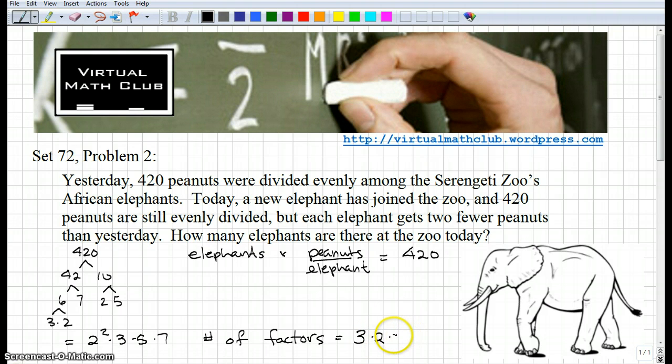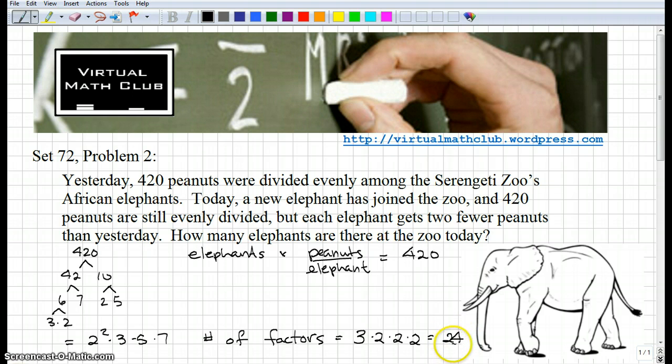The same with the number of factors of 5, 0 or 1, so 2 choices. And for 7, 0 or 1, so 2 choices. So that means we have a total of 24 factors.